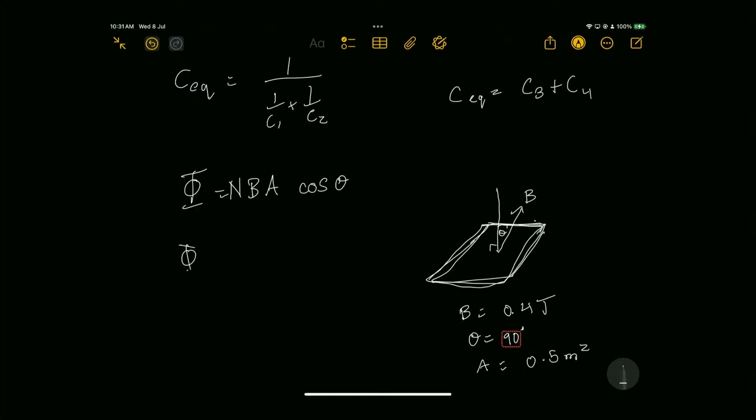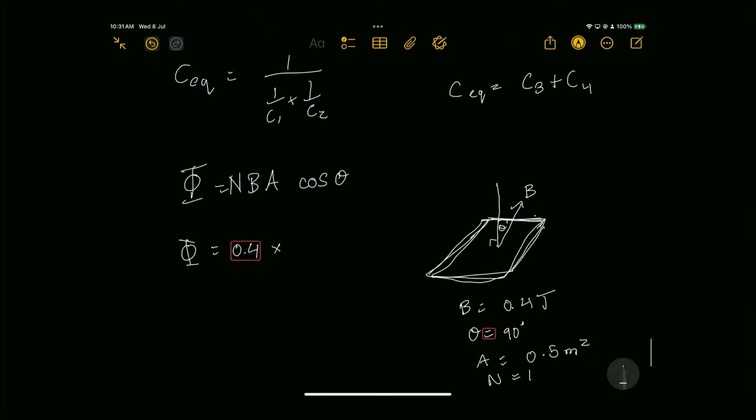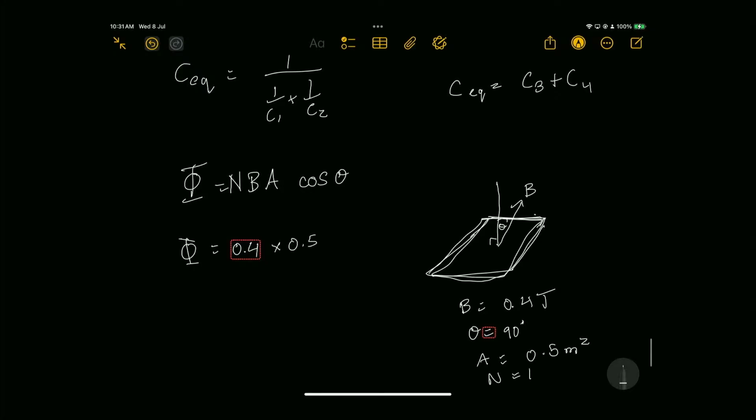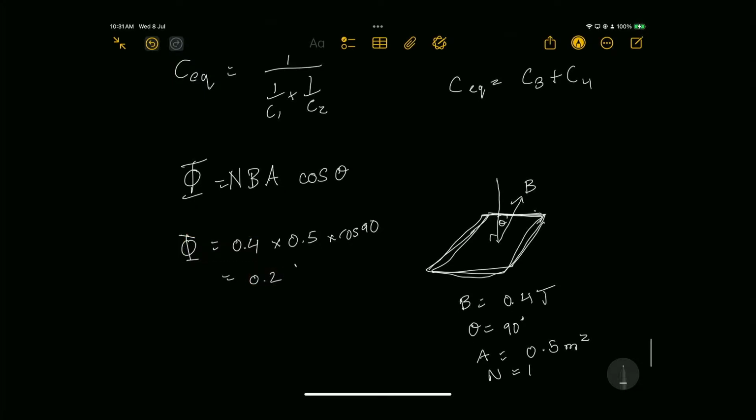Phi now would be equal, let's say the n is one loop, right, is equal to 0.4 times 0.5 times cos of 90. This would just be equal to 0.2. And what is the unit for magnetic flux? Wb. Right, Webers, right, Wb.